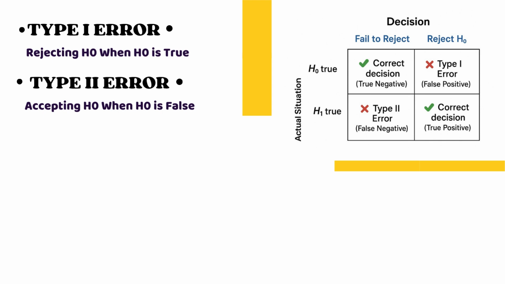Let's consider some examples to understand how type 2 error is generally more dangerous. In case of a medical test of a deadly disease, type 2 error is more dangerous. In a court trial, type 1 error is more risky because convicting an innocent person is unfair.